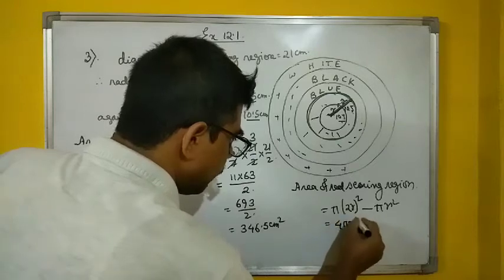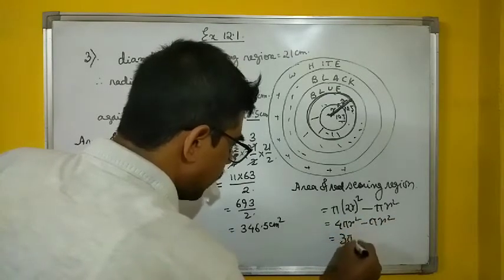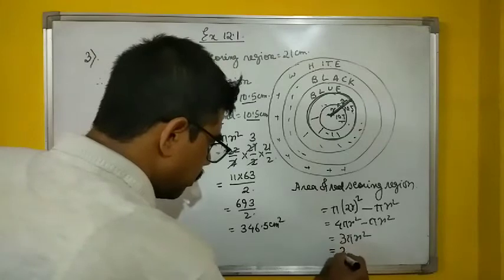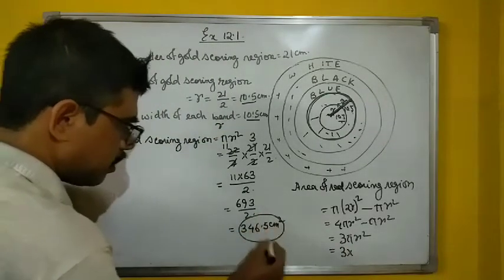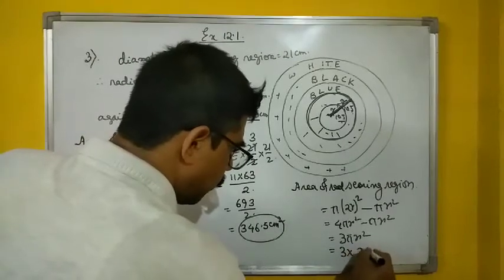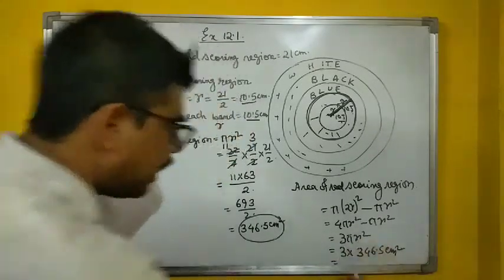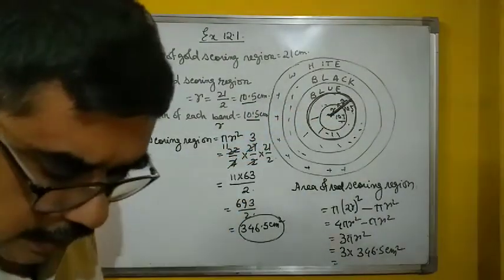It is 4 pi r square minus pi r square, which is 3 pi r square. The pi r square we got is 346.5 centimeter square. You multiply by 3 and you will get the answer for the red scoring region.